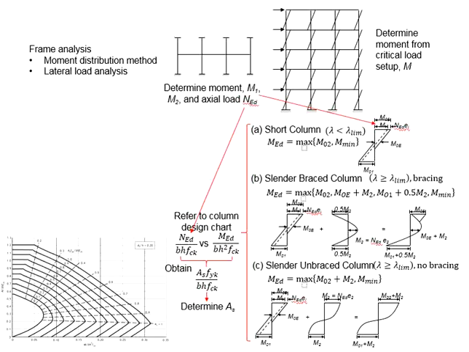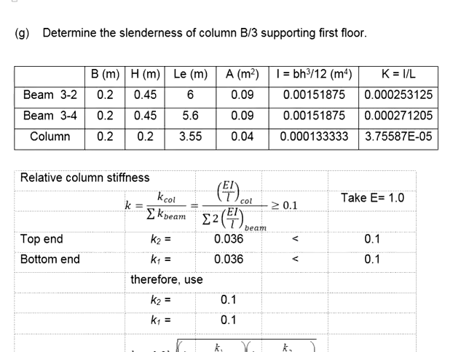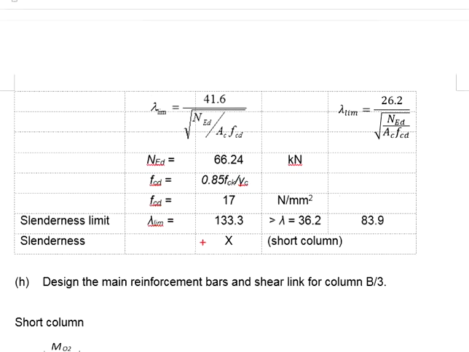These factors depend on the type of the column, whether it is a short column or a slender column, whether it is a braced column or unbraced column. Coming back to this question, we know that it is a braced column, and based on the slenderness analysis, we found that it is a short column.